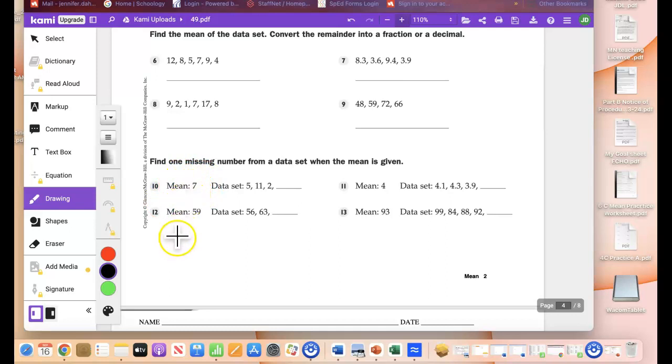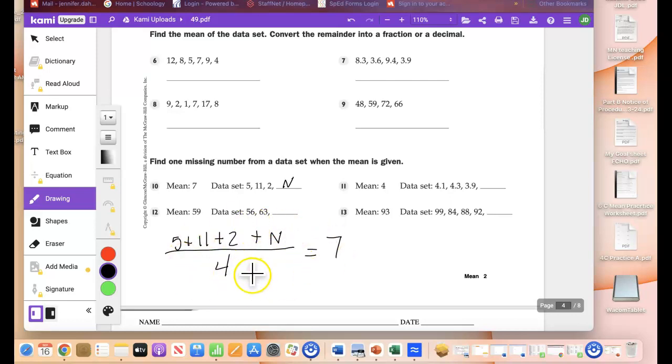If you remember somewhat from algebra, you always do the opposite. So I'm going to do 5 plus 11 plus 2 plus n, some number. I'm going to pretend this is the number n with that letter, and divide by 4 numbers. And I should get 7.